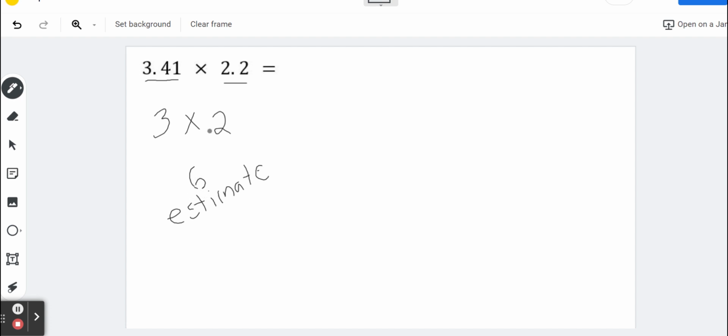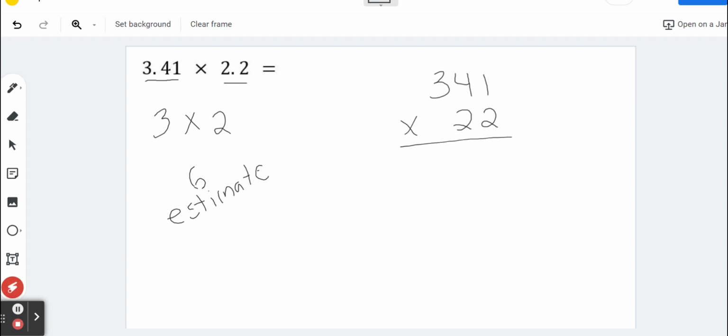Once you estimate, we can multiply these numbers without the decimal. So notice I wrote 341, not 3.41. I wrote 22, not 2.2. Then multiply it by hand.